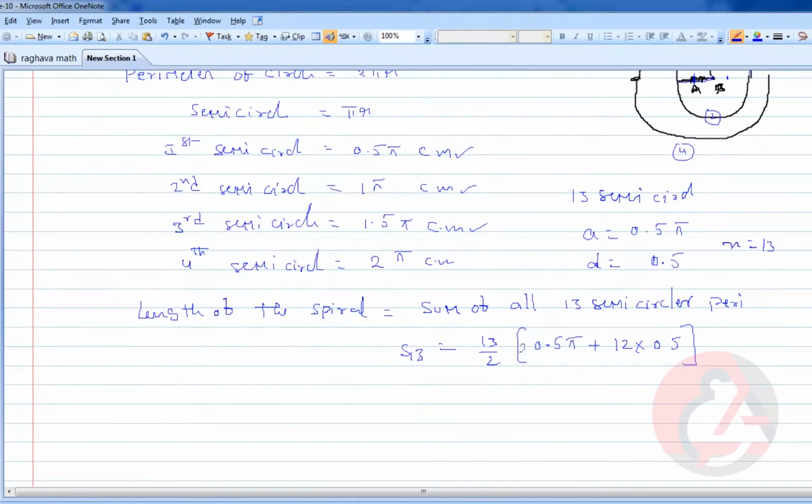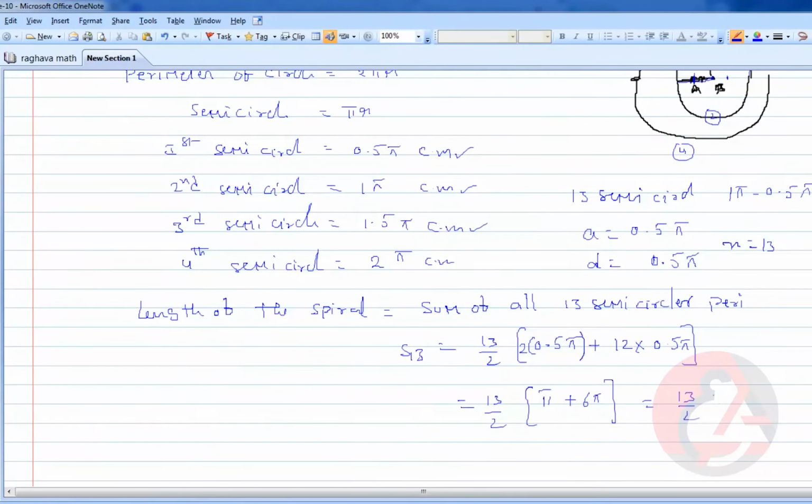This is 13 by 2 into 2a, which is pi, plus 12 into d. Sorry, d is 0.5 pi, that is 1 pi minus 0.5 pi, that is 0.5 pi. So 12 into 0.5 pi is 6 pi.